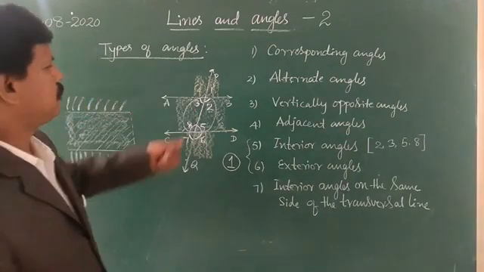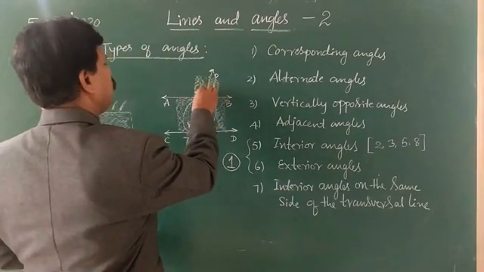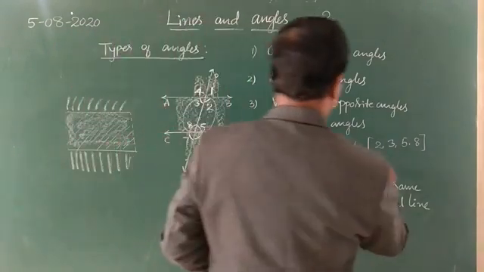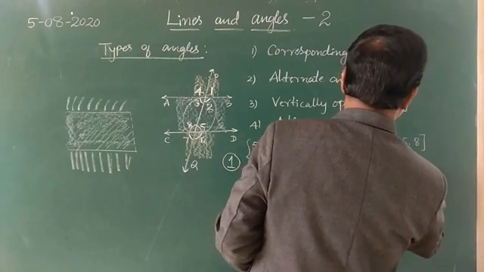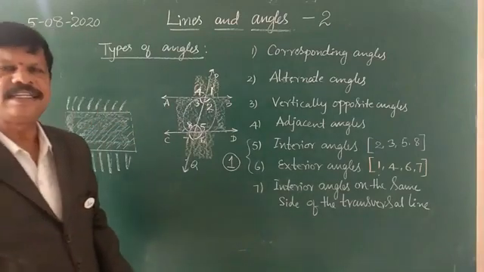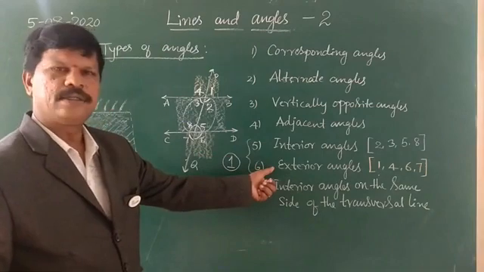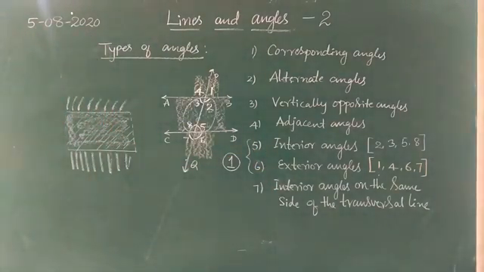Similarly, 1, 4, 6 and 7 are called exterior angles. Clear? These are the two types of angles: one is interior angle and the other is exterior angle.